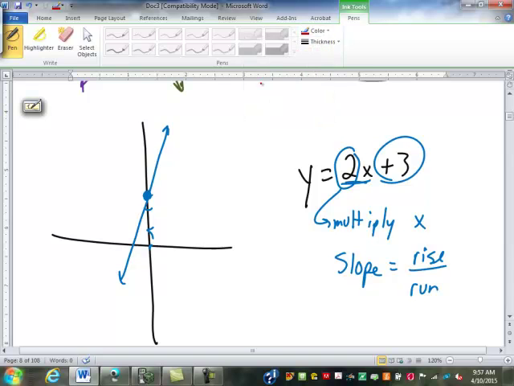Slope is always a fraction. And you might be looking at it and say, well, that was 2 times x. That's not a fraction. Yeah, it is. 2 can be written as a fraction as 2 over 1. The 2 is the rise. So from this point, once we figured out that 3 here was our starting point, from that point we use the slope. We rise 2, we go up 2, and we run 1. So over 1 to right there.